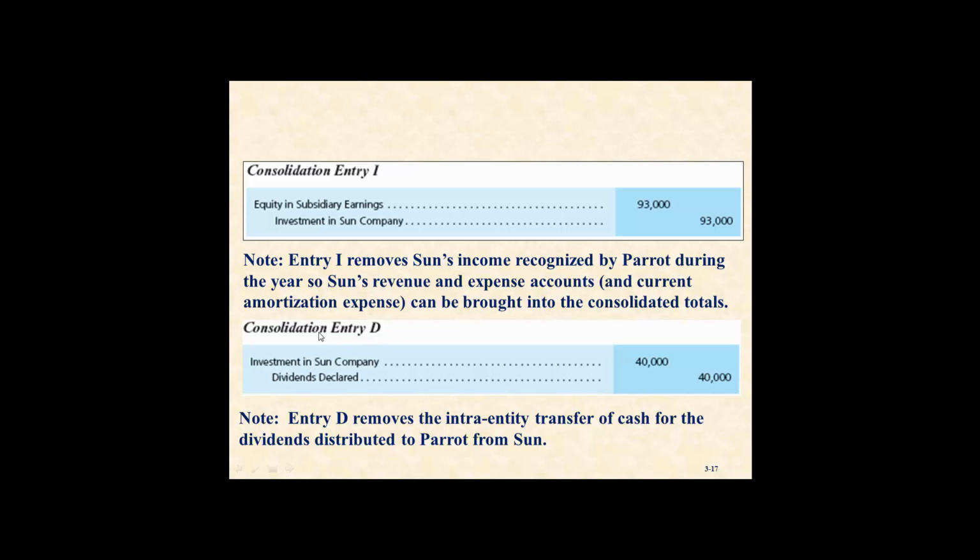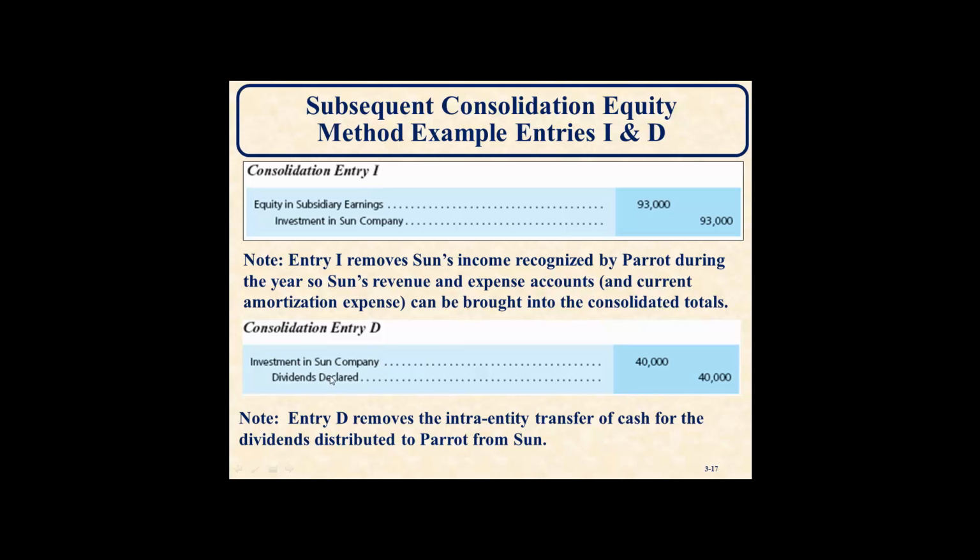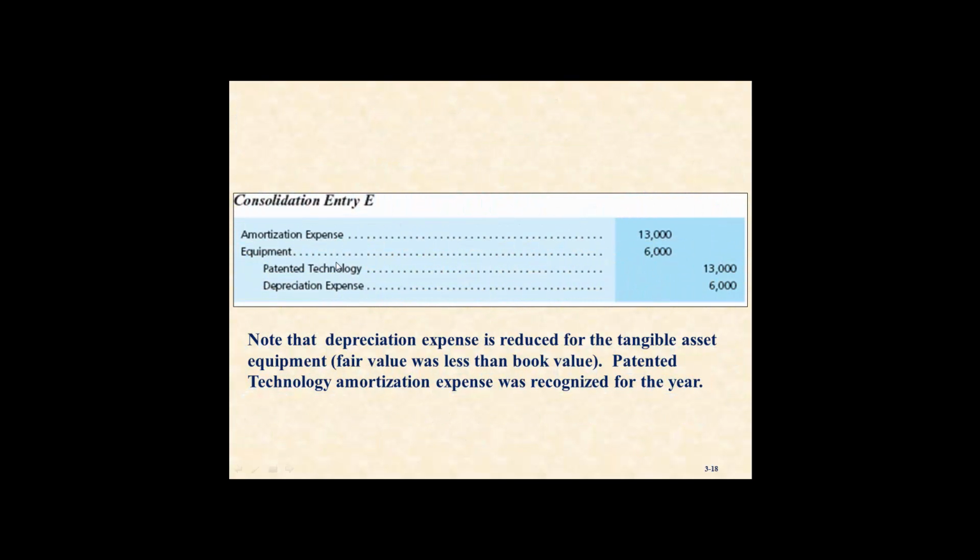And then consolidation entry D, dividends. That's how I remember D. I, income. D, dividends. D removes the intra-entity transfer for cash dividends. So they're going to debit the investment account and credit dividends declared. And then E is the depreciation expense reduced for tangible assets, equipment, fair value less the book value.